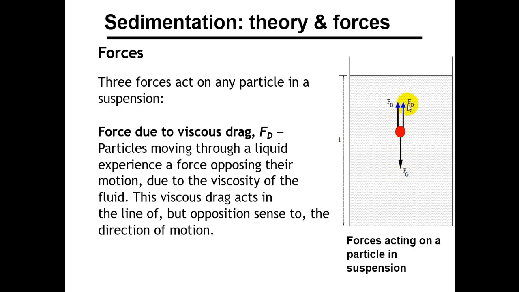So if the viscous drag and the buoyant force, when you add them, are equal to the force due to gravity, then the particle will suspend. But if the force due to gravity is larger than these two forces that oppose the movement of this particle, then the particle will definitely sink.